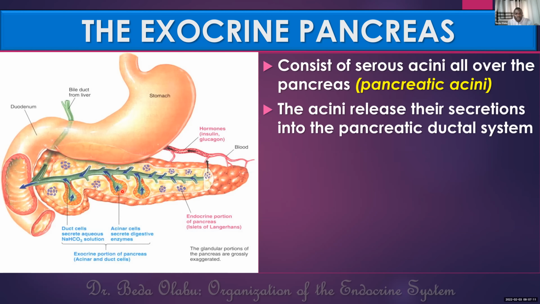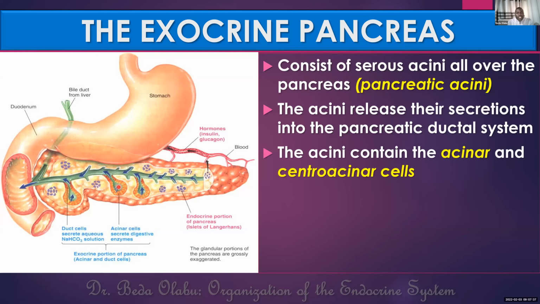These acini produce the secretions into a ductal system. As you can see, the acini are connected through the ductal system. And that is why this part of the pancreas constitutes the exocrine pancreas, because the secretions are being released into ducts.